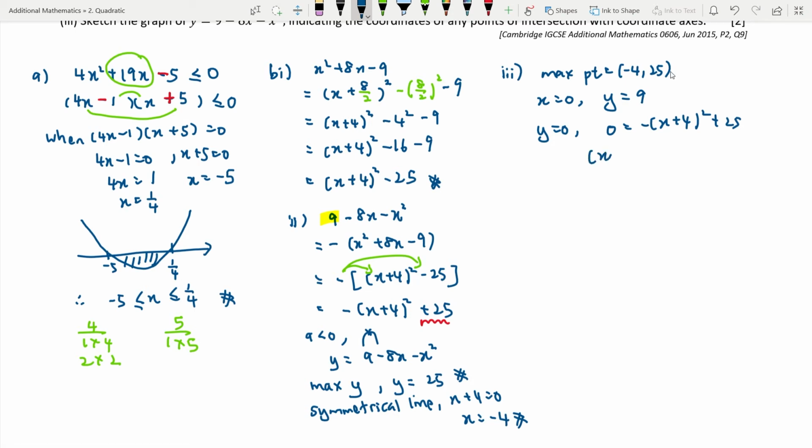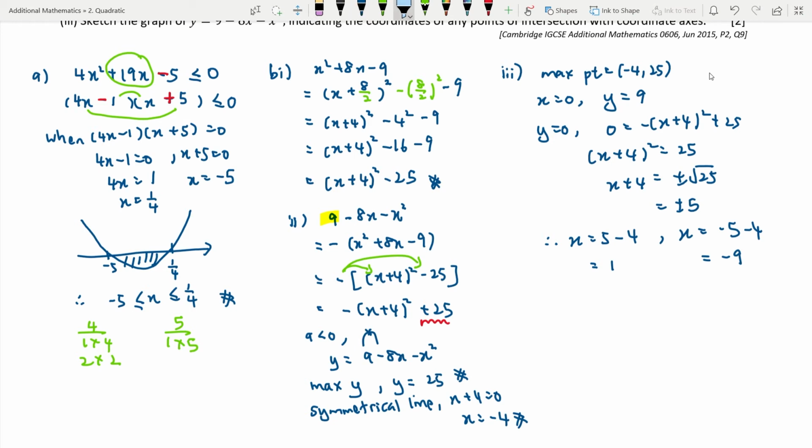We get x plus 4 squared is equal to 25. Square root both sides. x plus 4 is equal to plus minus square root 25, which is plus minus 5. Therefore, x is equal to 5 minus 4, and also x is equal to negative 5 minus 4. For x equal to 5 minus 4, x is equal to 1. For x equal to negative 5 minus 4, x is negative 9.